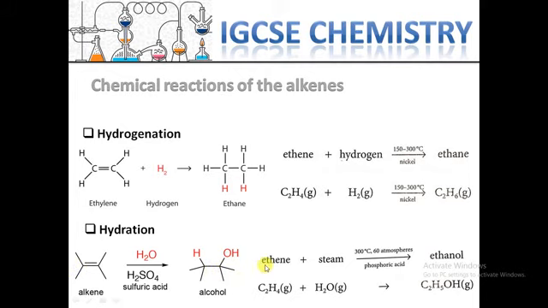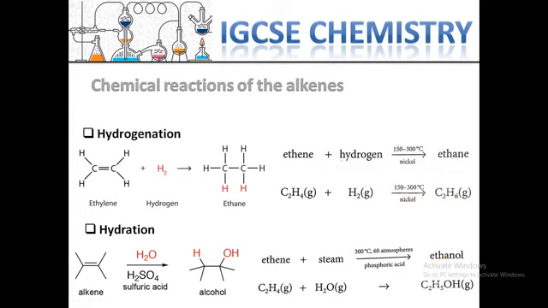The example is ethene, again, reacting with steam. Steam means hot water. They make it hot water to give heat and make the reaction faster. In the presence of phosphoric acid, which they use here, finally you will get ethanol.